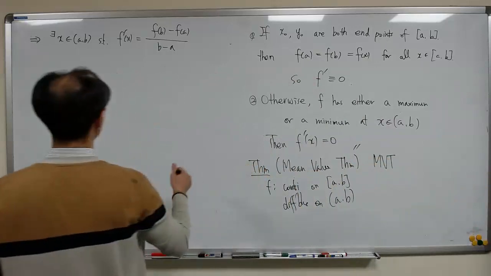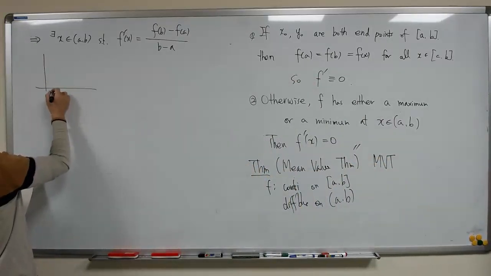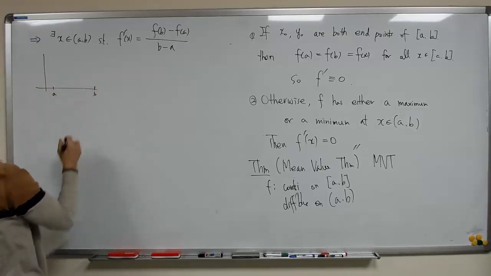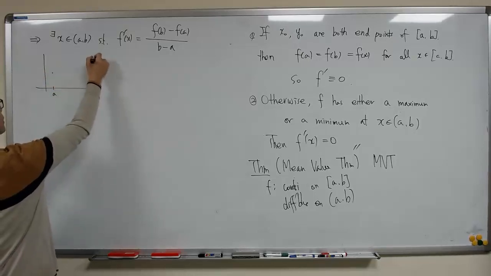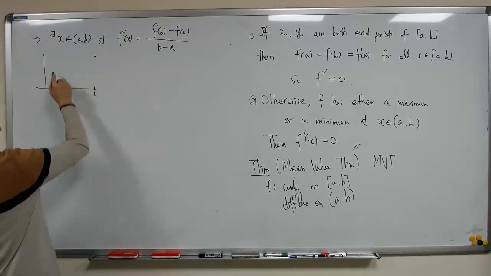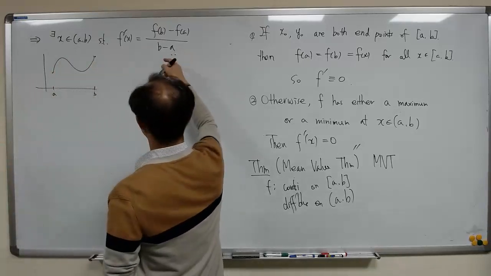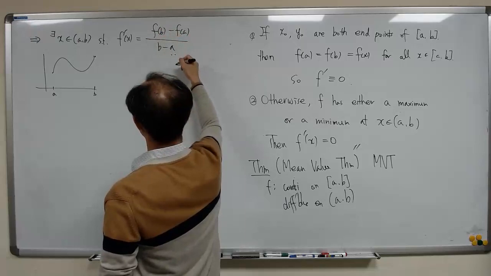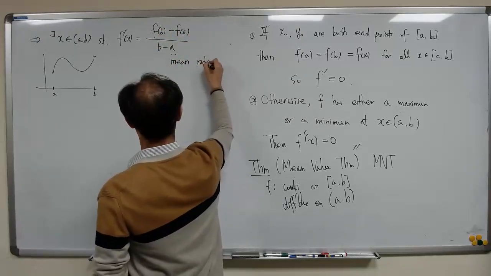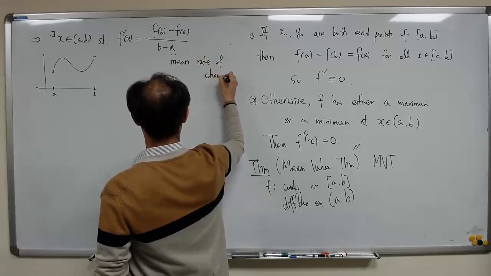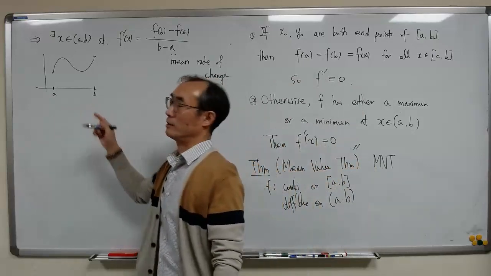So let's consider the function defined over the closed interval from a to b. The function may go like this. And what about the right hand side? This expression is the mean rate of change of the function f over the interval from a to b.